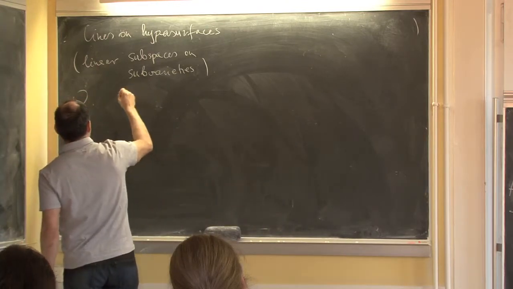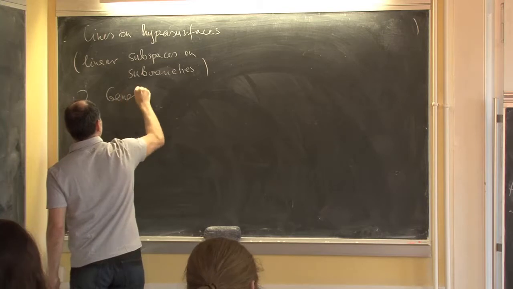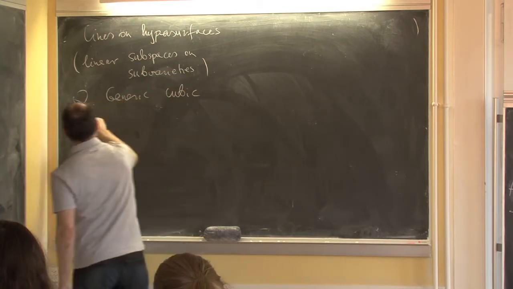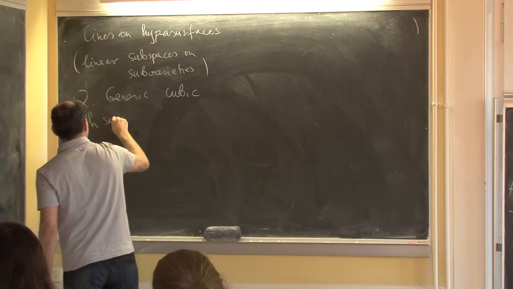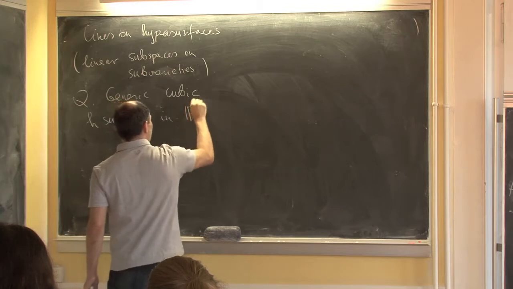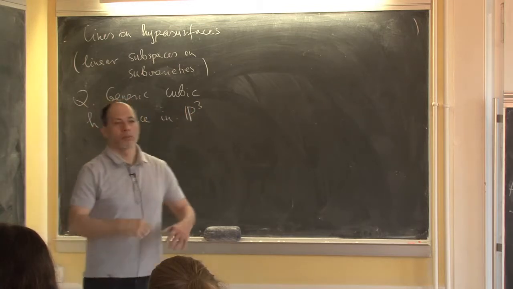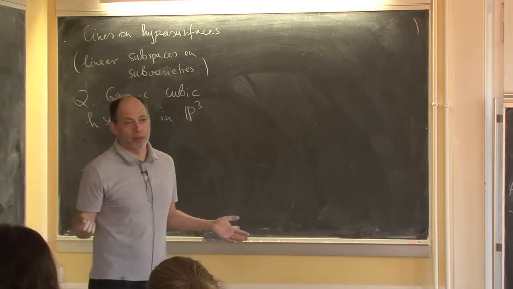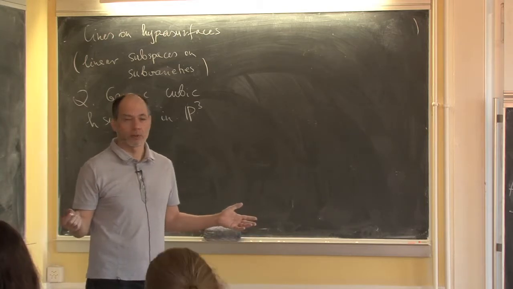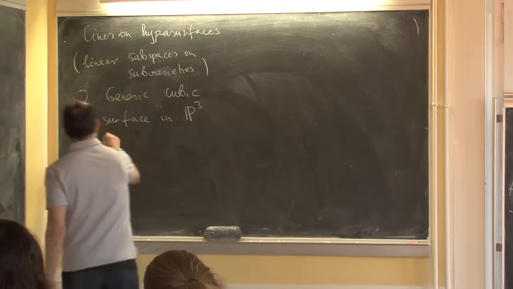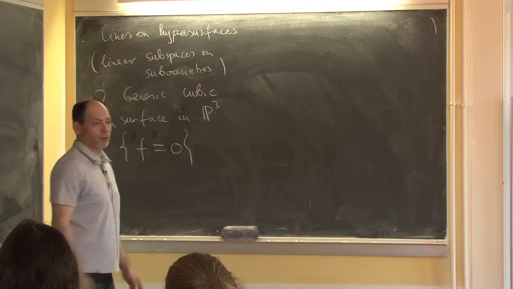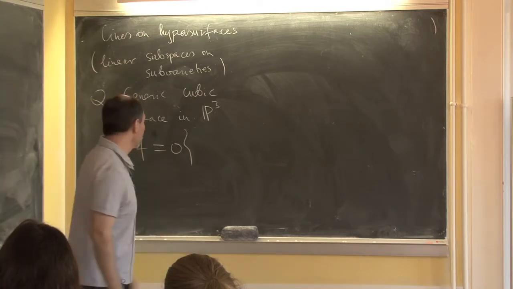You take, say, a generic cubic hypersurface in, say, P3. So you simply write down an equation, right? That's what it means: in 4 variables, a homogeneous equation of 4 variables. And so it looks like this, f equals 0, where f is some homogeneous degree 3 polynomial in 4 variables.